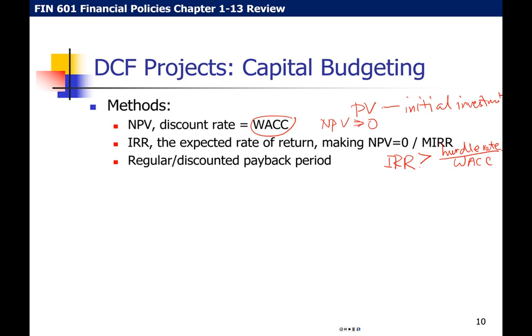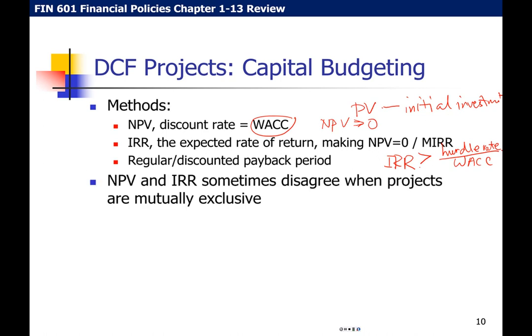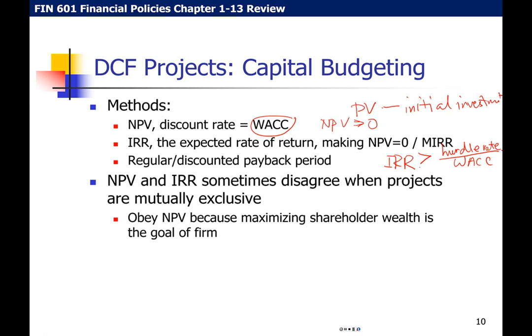Okay, that's also a way of capital budgeting decisions. And NPV and IRR methods sometimes disagree when projects are mutually exclusive, which means you can't take both projects, you can only choose one of them. And when there's a conflict between NPV and IRR, always use the NPV conclusion, right? Because maximizing shareholder wealth is the goal of the firm.